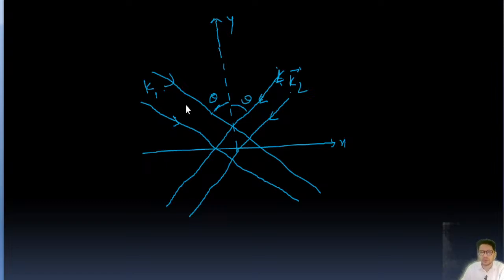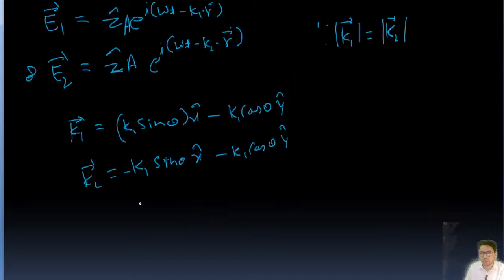Okay, so now this is the one, k1 and k2. Now we'll find the value of k1 dot r. We know r equals x x cap plus y y cap plus z z cap, the position vector, right?